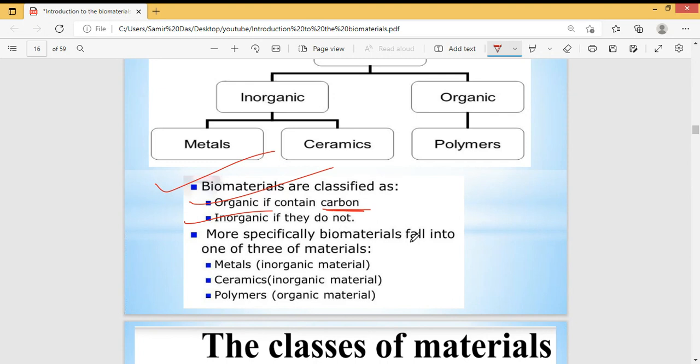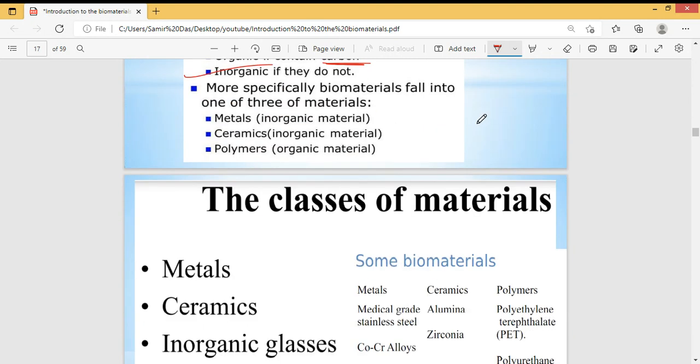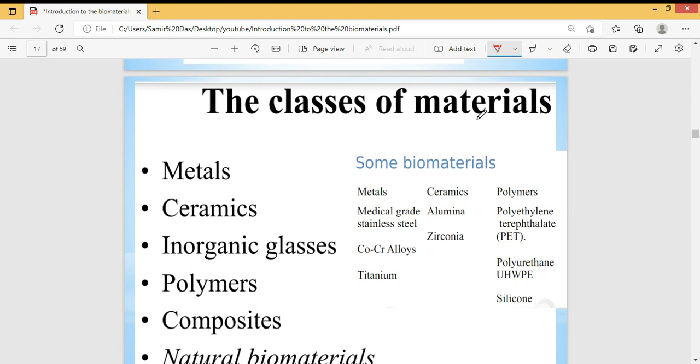More broadly, biomaterials are classified into mostly three parts: metal, ceramic, and polymer.